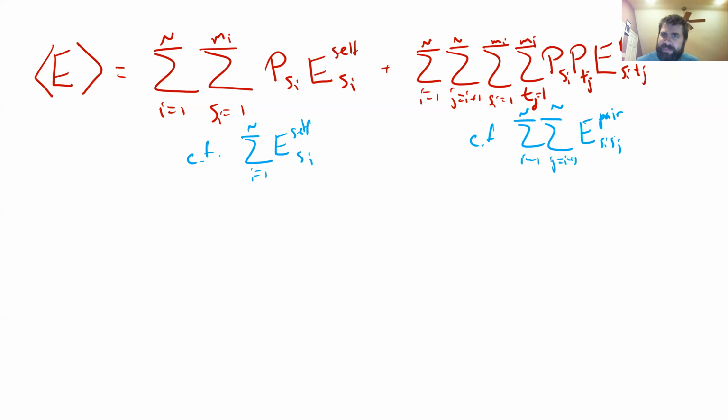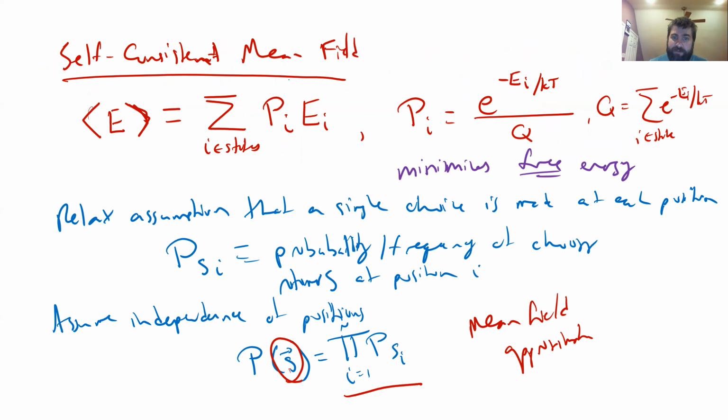Right? Now, these might look like they're a lot messier. Remember, though, that if you want to get a sense for why these still might be quite similar terms, we should remember the set of all choices at one particular position. So what are these P(s_i)'s? They describe the probability of choosing a particular rotamer at position i.